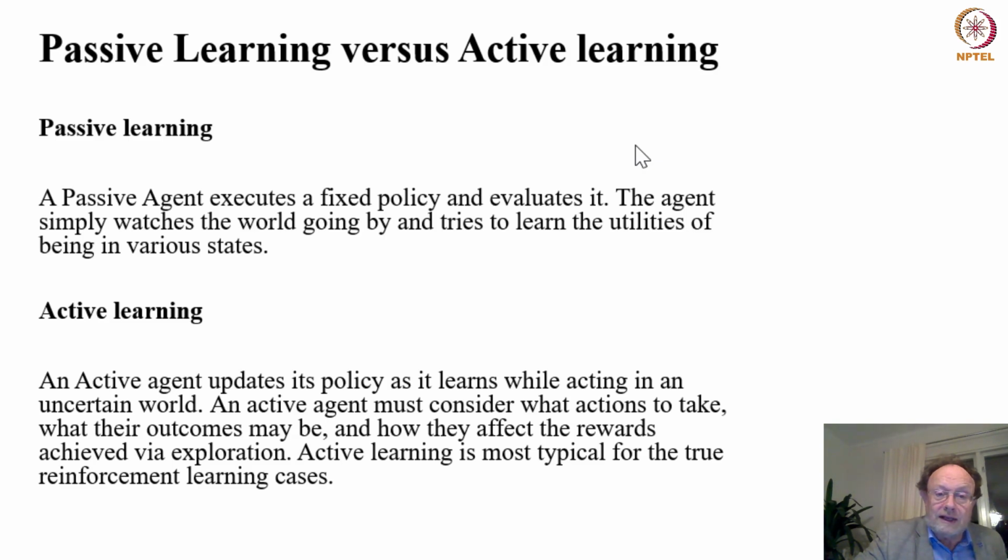And of course, an active agent must consider what actions it takes, what their outcomes will be, how they affect the rewards, etc. So the active learning scenario is where there is much more dynamic handling of the policy and its consequences. And of course, active learning is more typical, I would say, for the true reinforcement learning case than the passive learning.